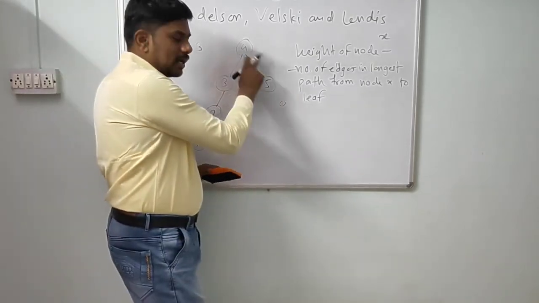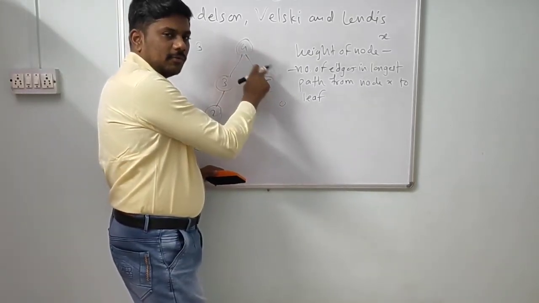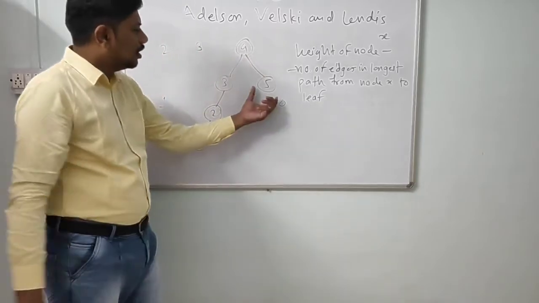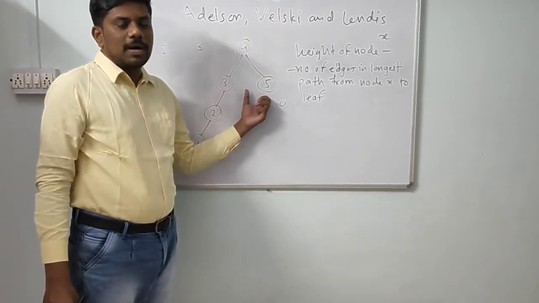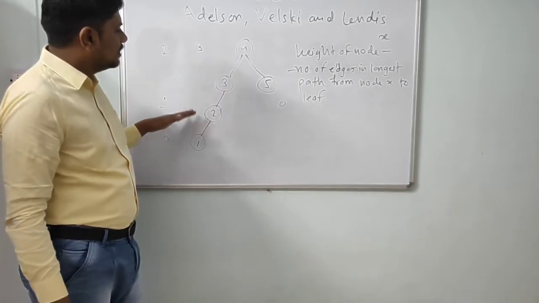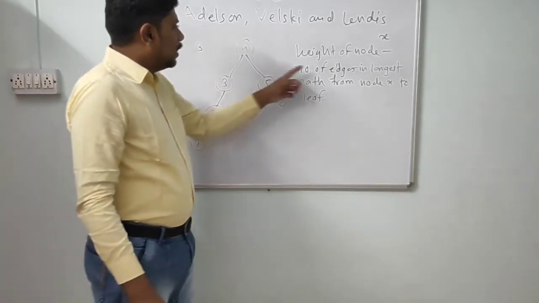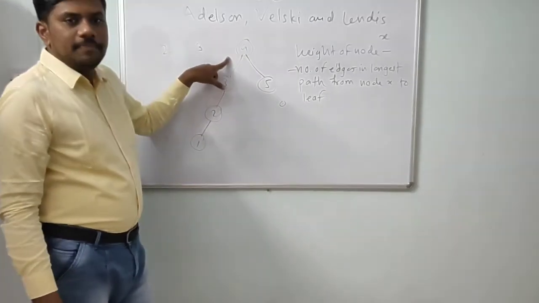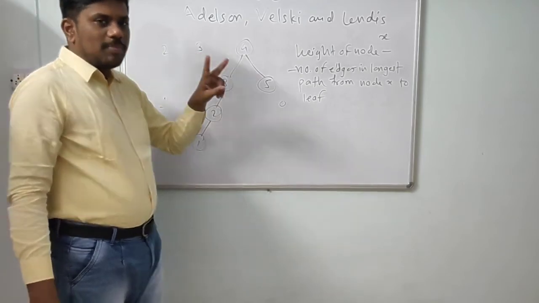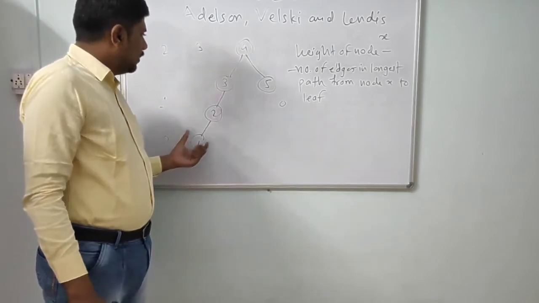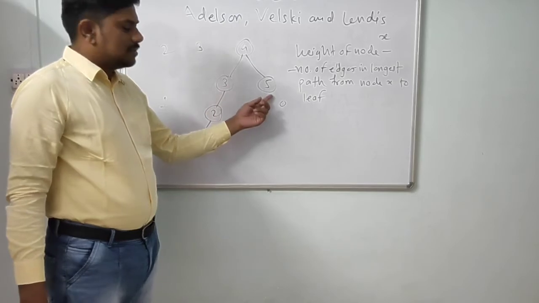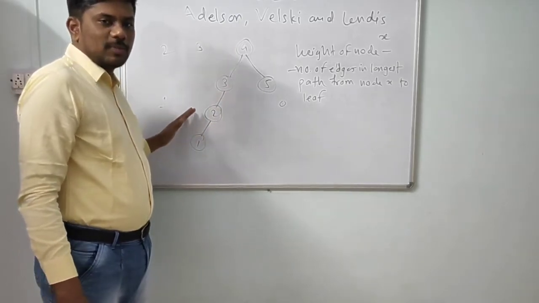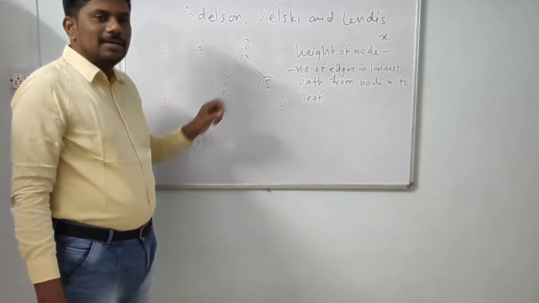The other path has only 1 edge, so we are neglecting it because it is not the longest path. So the height of 4 is 3.